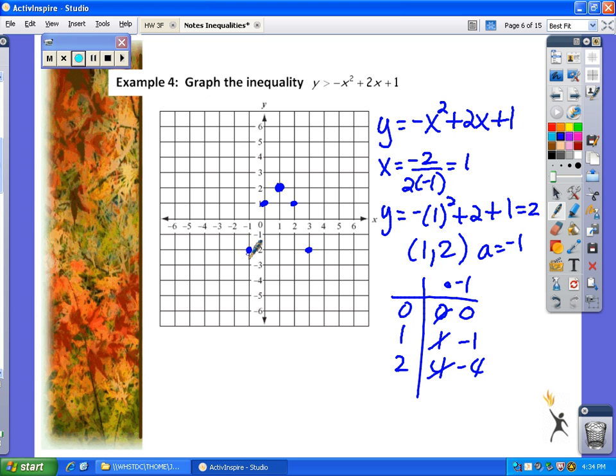Will 3, -9 fit? Yeah. So let's do all the points that we can. That's where I got my next point. Since this is greater than, it's going to be dotted or dashed. This is a parabola, so I need to curve this.